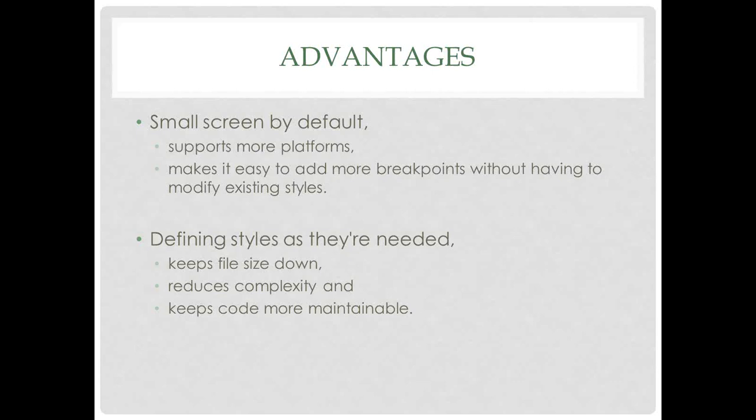By having small screen styles as default, we are supporting more platforms. It also makes it easy to add more breakpoints without having to modify any of the existing styles. Defining styles as they are needed, what is the biggest advantage? It keeps the file size down, it reduces the complexity, and it keeps the code much more maintainable.